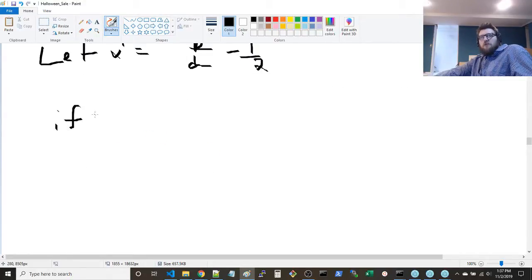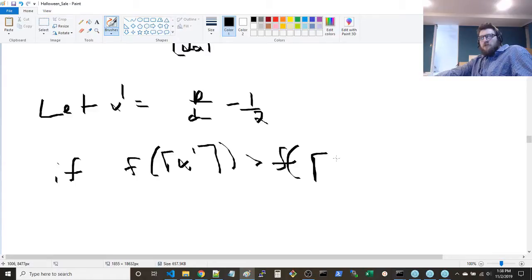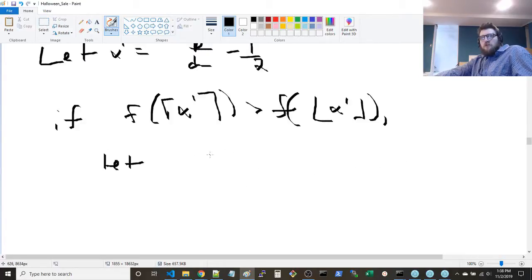If F of the ceiling of alpha prime is greater than F of the floor of alpha prime, let alpha be the floor of alpha prime, since we want the smaller of these two.